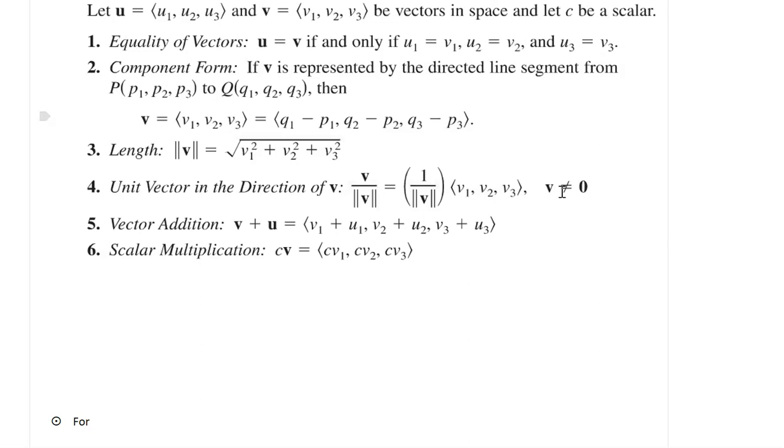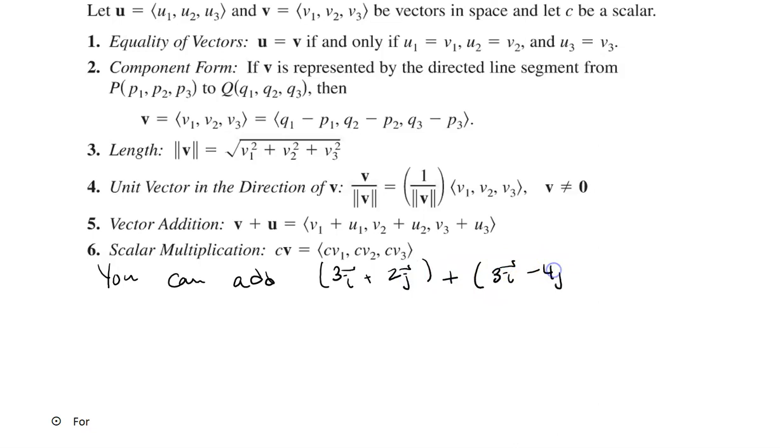So you can add, if you are just looking at adding 2 things like 3i plus 2j plus something like 3i minus 4j plus 2k. In this one, it's understood that the k vector has a 0 out front. So with this one, you would add and you would get 6i minus 2j, we're just adding our like terms, plus 2k.